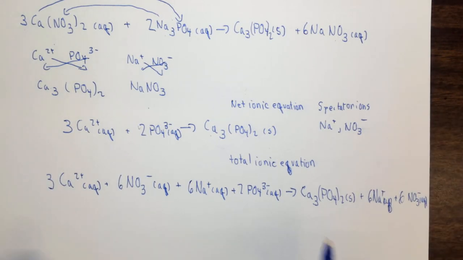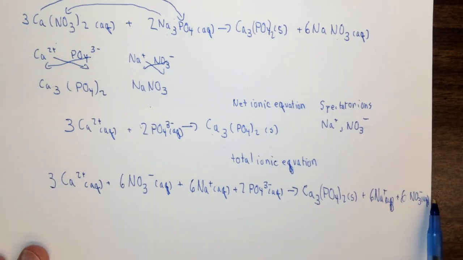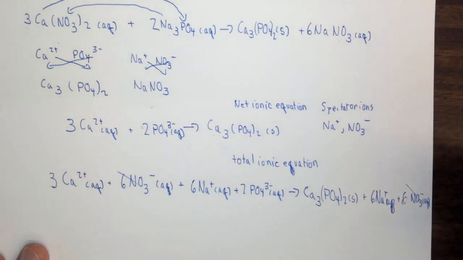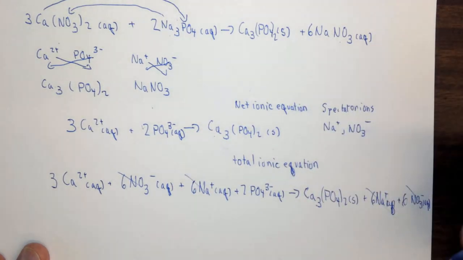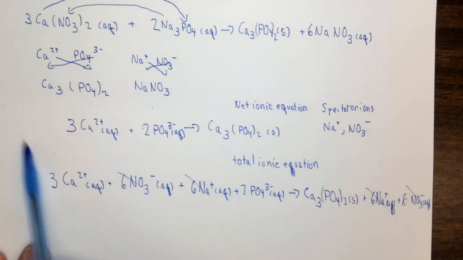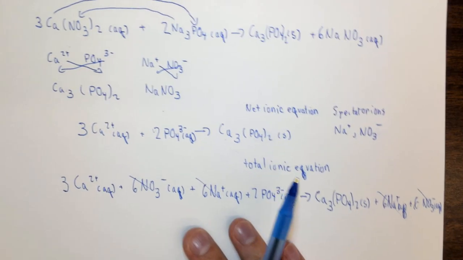So now I have the total ionic equation. If you notice, there's 6 nitrates on this side and 6 nitrates on this side, 6 sodiums on this side and 6 sodiums on this side, and the things I canceled out are the spectator ions. If I write what's left, what's not canceled out, I end up with this net ionic equation.